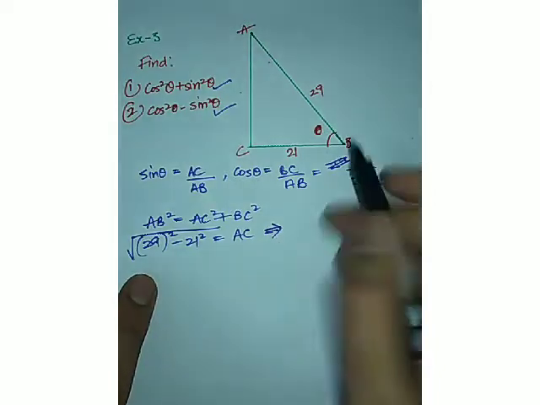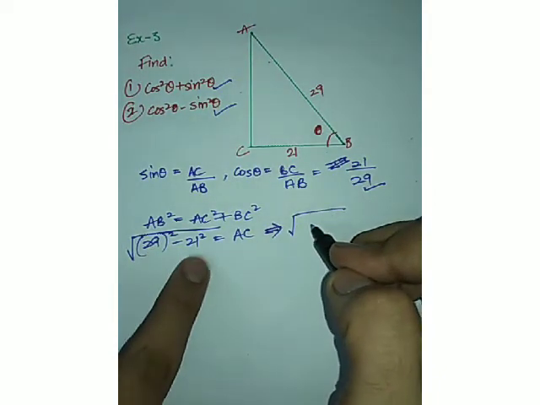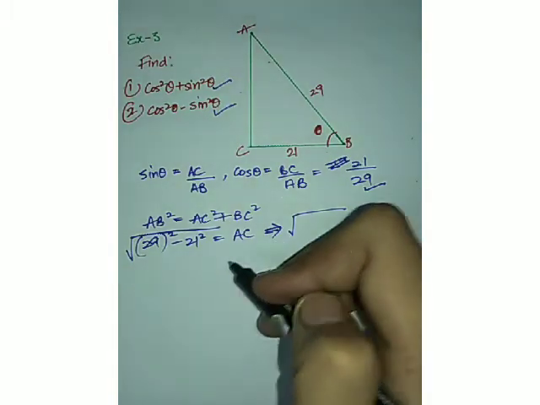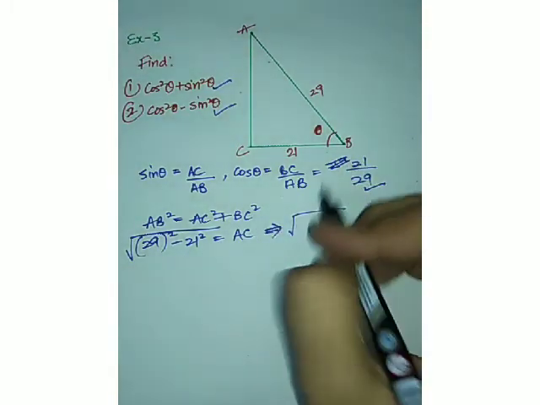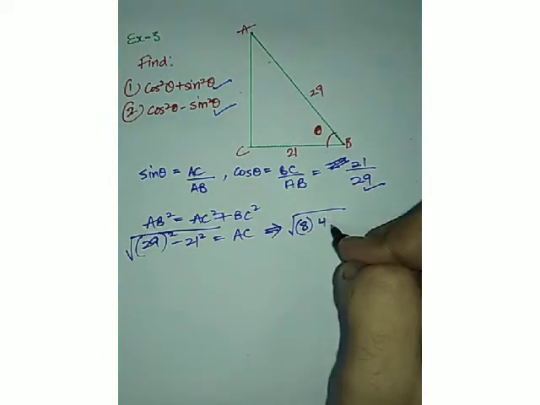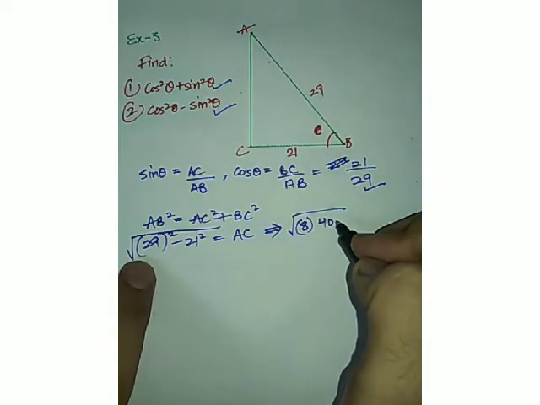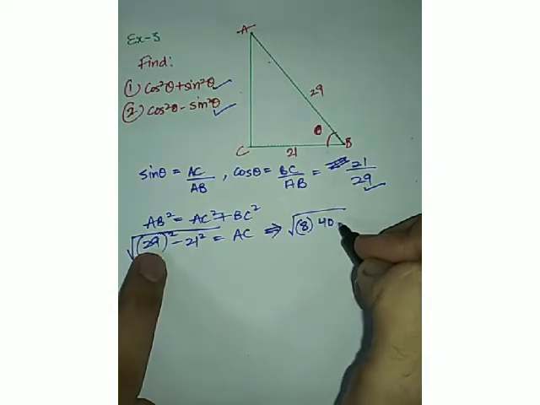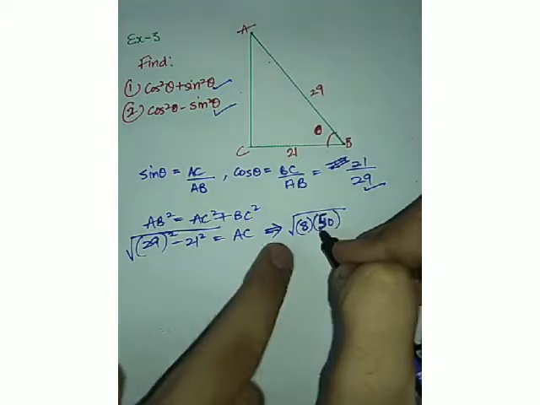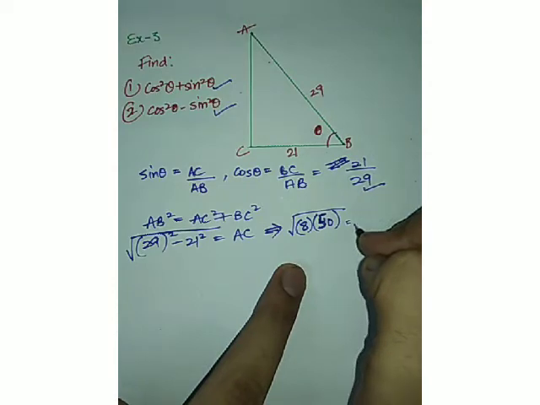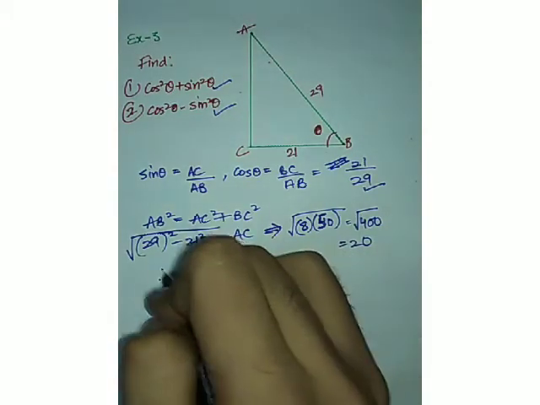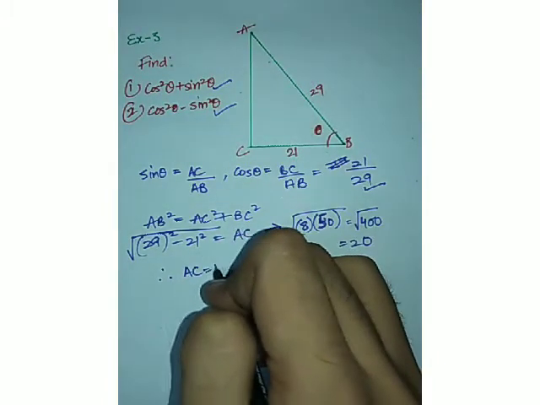So root of a square minus b square, you can apply it: 29 minus 21, 29 plus 21, the identity of a square minus b square, right? So 29 minus 21, that is 8, and 29 plus 21, that is 50. Sorry for that. Now 8 fives are 40, so you will get 400. You know that root 400 is equal to 20, so therefore we have got AC equal to 20.